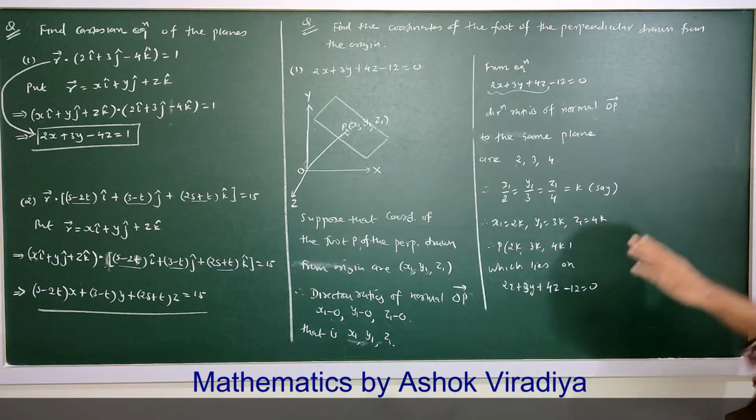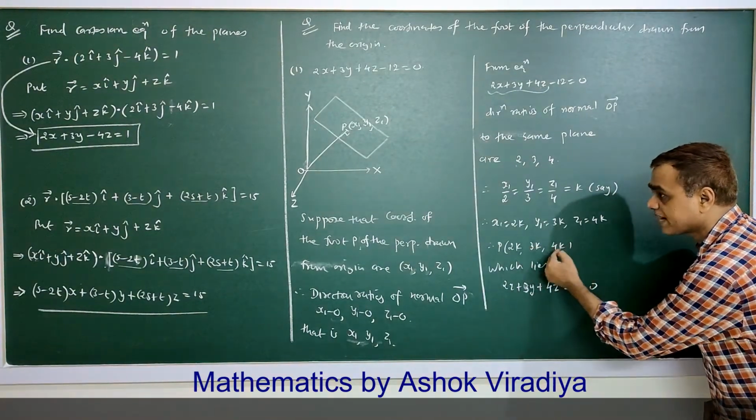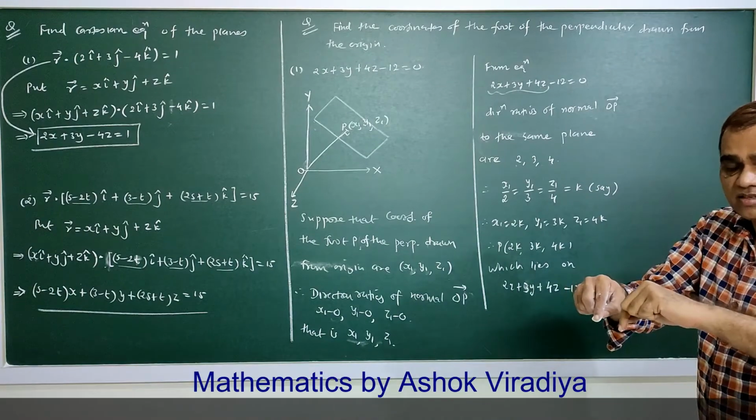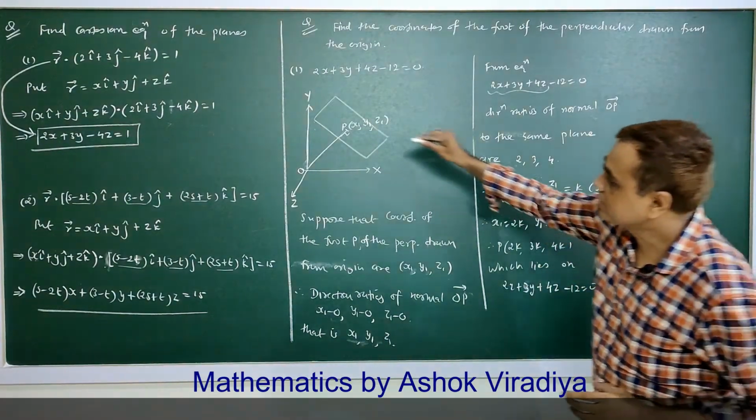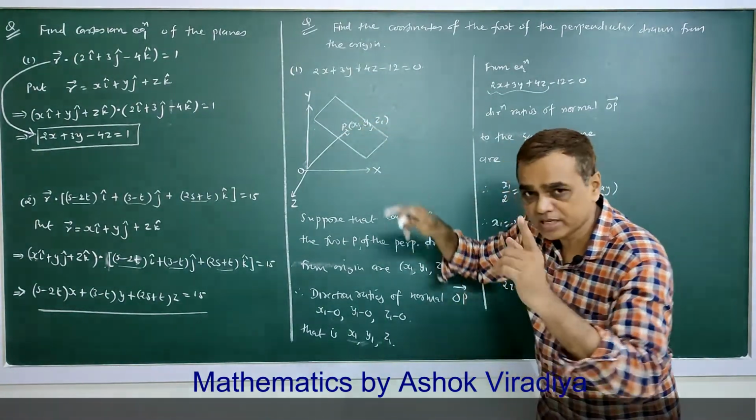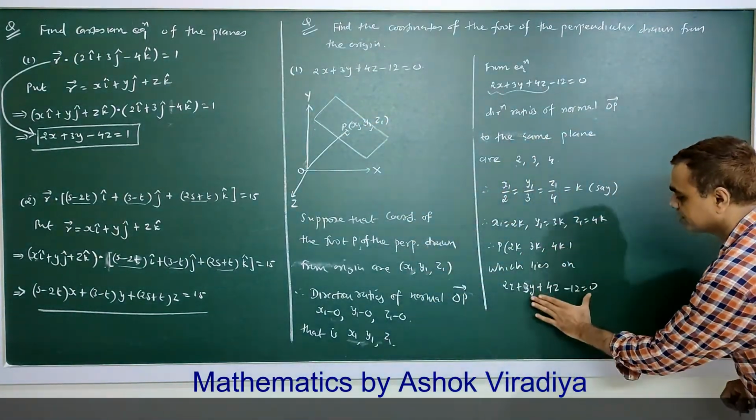And if any point lies on the plane, coordinates of that point will satisfy the equation of the plane. So P is a point on this plane, so coordinates of P will satisfy the equation of this plane.